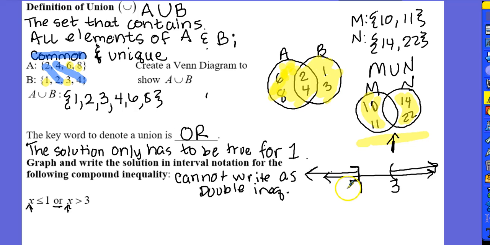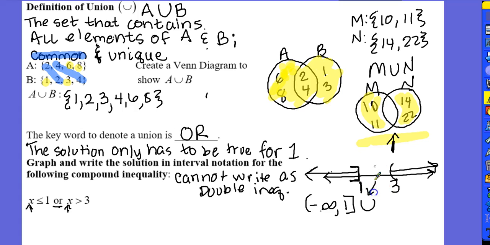So if I have to write this in interval notation as I'm being asked to do, I can't write it as a single interval because there's a gap. So how we do that is we go from negative infinity to 1 inclusive and union with 3 to infinity.